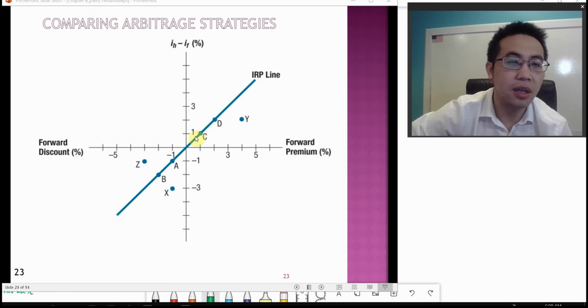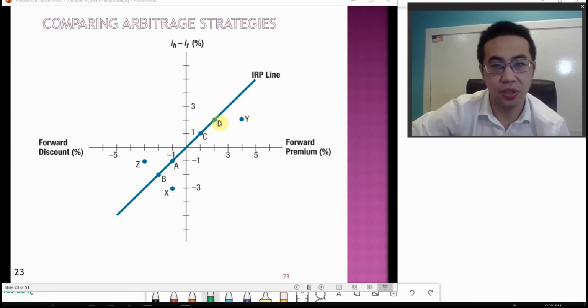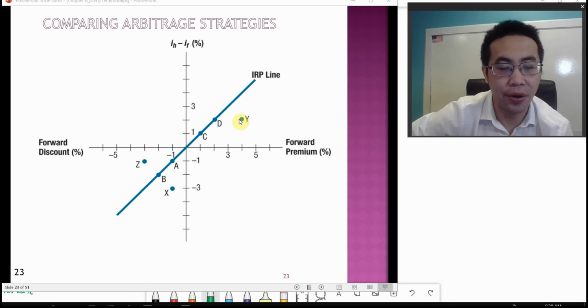There are some points along this line like A, B, C, and D. That basically means these are equilibrium situations. And there are also some points that deviate from this line. That's the violation of interest rate parity.